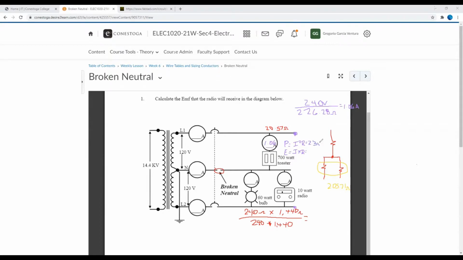I'm just going to round it off. 23 watts output only. And the voltage drop that we have on this toaster now is equal to 20.57 times the current, 1.06. So we only have 21.8 volts.